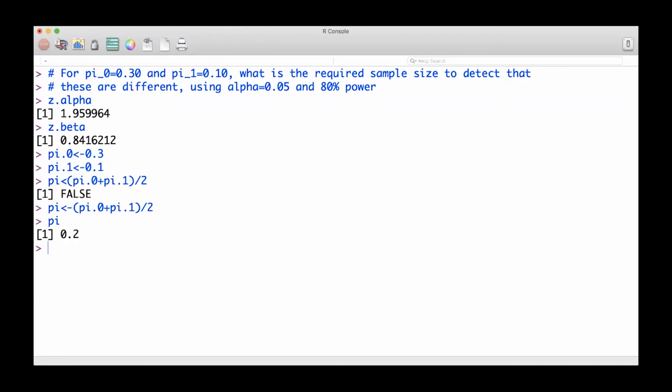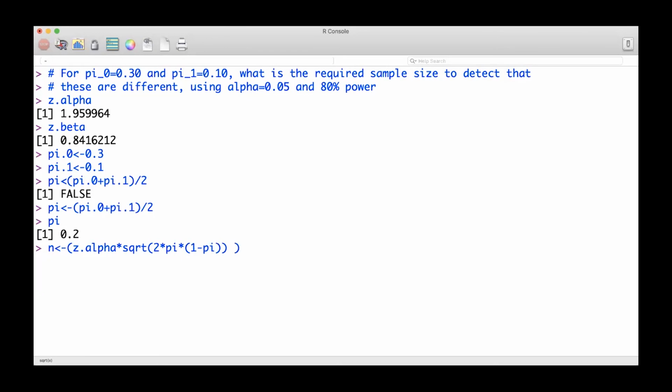All right. So then the sample size using the formula on our slides is going to be given by Z alpha times the square root of 2 times pi. That's pi as in what we just stored, the value of 0.2, times 1 minus pi.